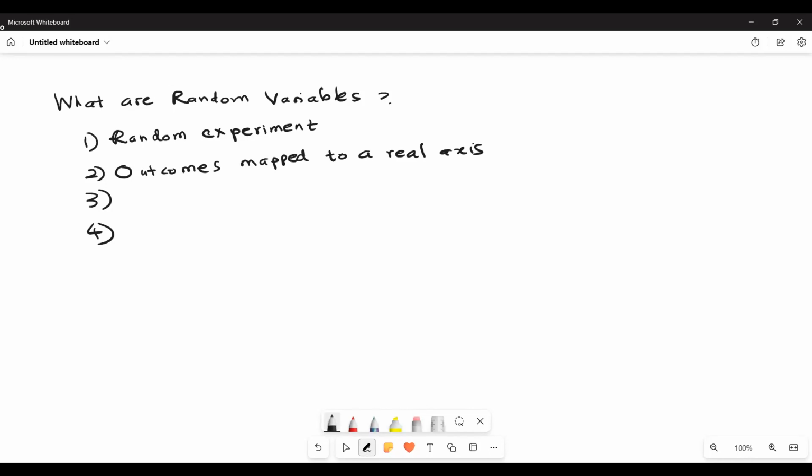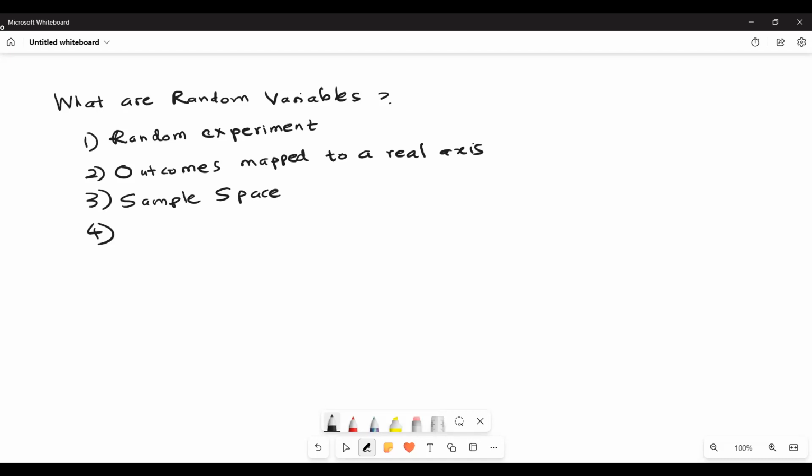The outcomes that we can obtain from this process or experiment, we can put them all into a set, and that set we call a sample space. So we should be able to define a sample space for the random variable.